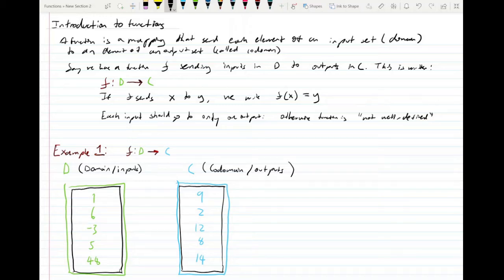This should happen for every element of the domain. And we say f of x is defined, or it equals something, if x is in the domain, so among the set of valid inputs.